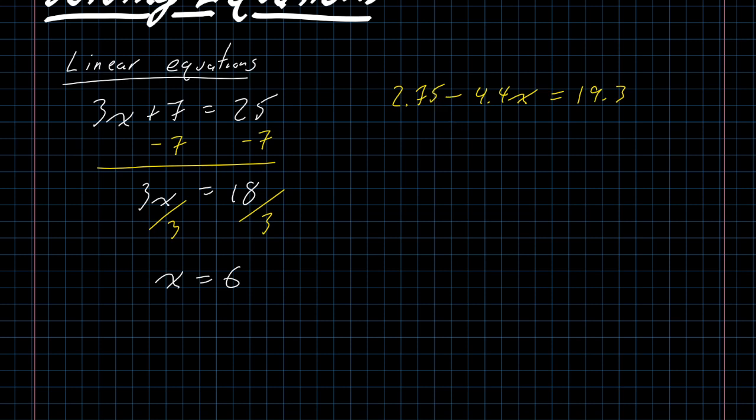Let's get rid of that spare dot so that it doesn't distract us. And I guess step 1 is going to be subtract 2.75 from both sides of this equation. 2.75 minus 4.4x minus 2.75, the like terms combine and cancel each other out, leaving you with minus 4.4x.